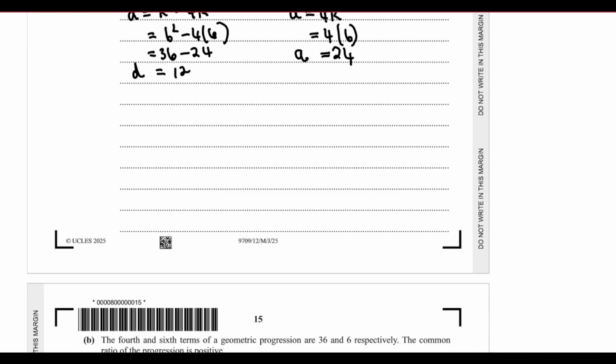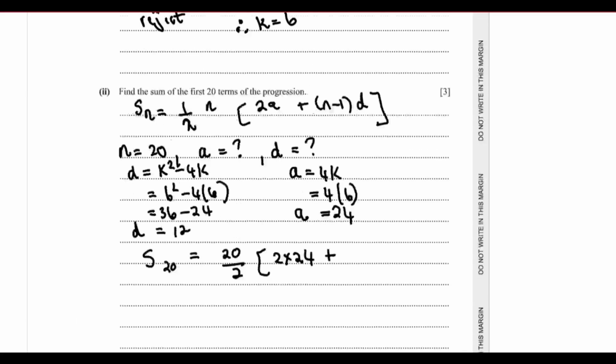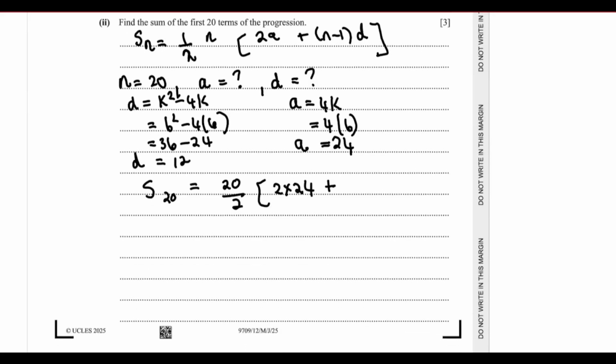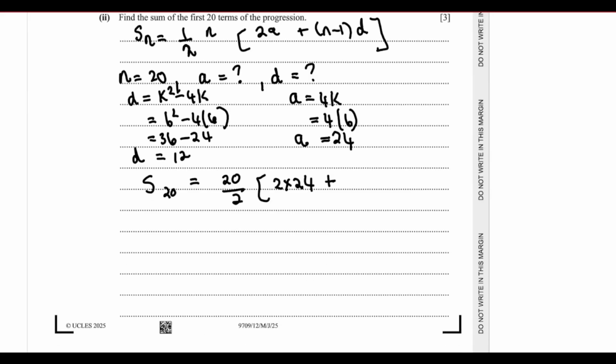Okay, now simply, what is S20? Okay. 2 times 24 plus n minus 1, which is 20 minus 1, 19 times d, which is 12.